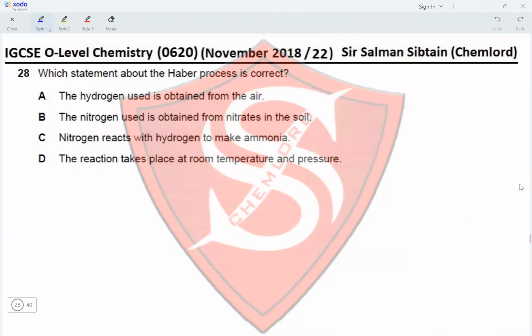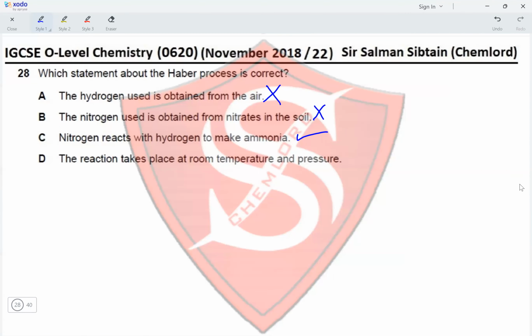Question 28. Which statement about the Haber process is correct? The hydrogen used is obtained from air. No, nitrogen is obtained from air. Hydrogen is obtained from cracking or from electrolysis of water. Cracking is the more preferred method. The nitrogen used is obtained from nitrates in the soil. No, from air, by fractional distillation of liquid air. Nitrogen reacts with hydrogen to make ammonia. Yes, this is what happens during the Haber process.